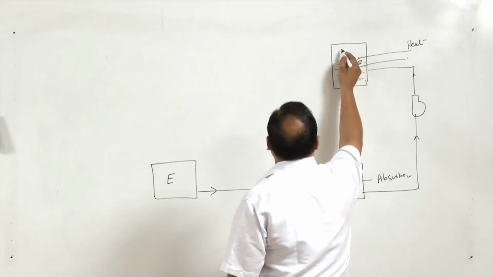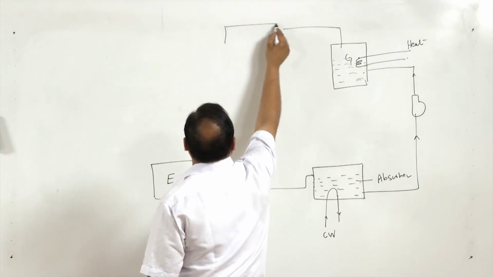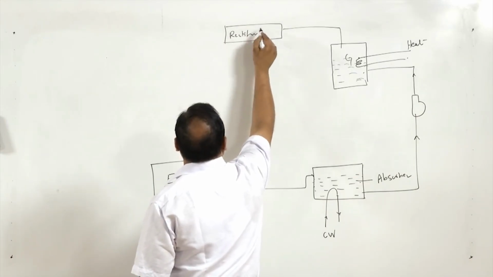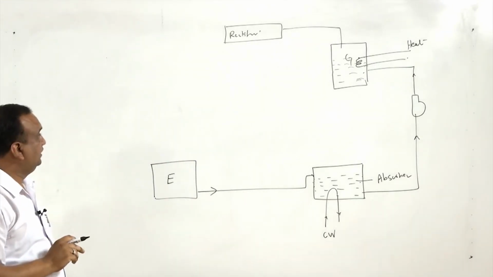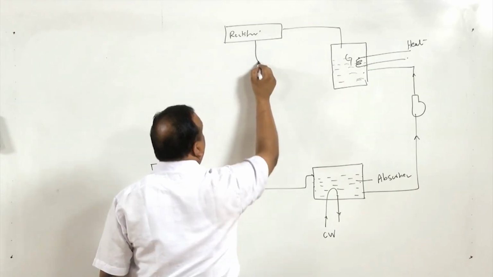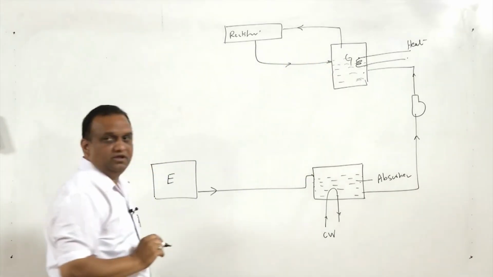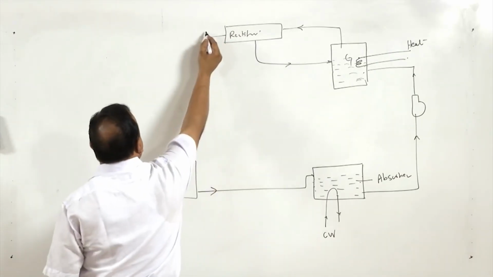So, the ammonia with the traces of water goes to the rectifier. In the rectifier, the water is separated out and drained back to the generator, so that at the exit of the rectifier we get pure ammonia.